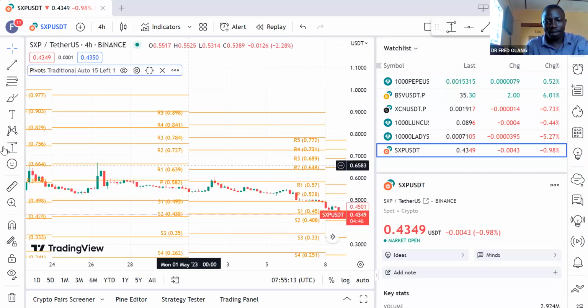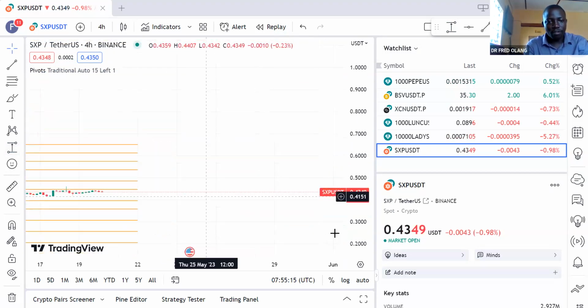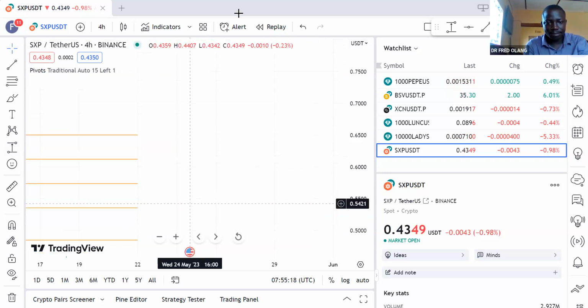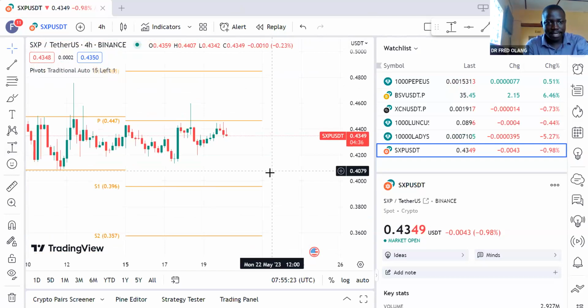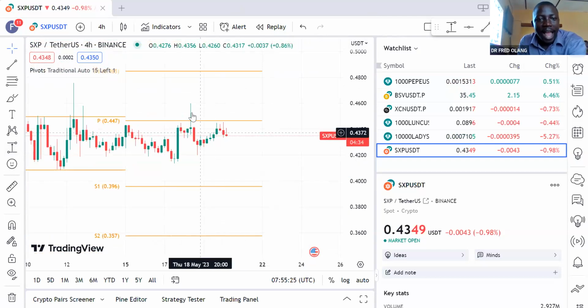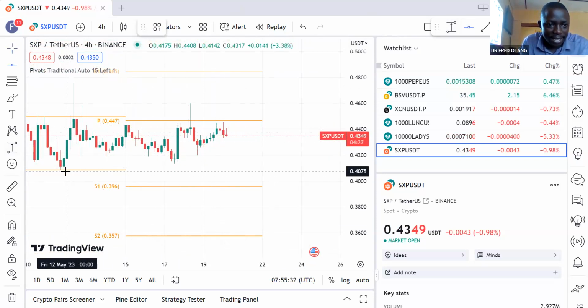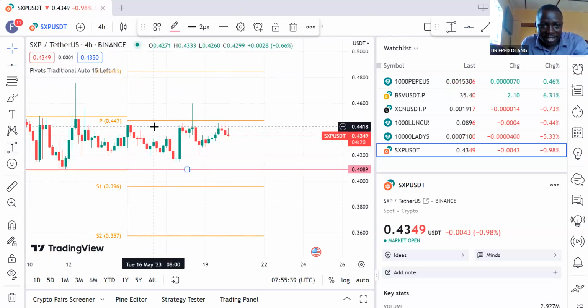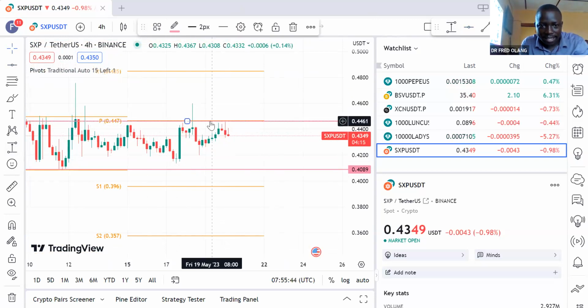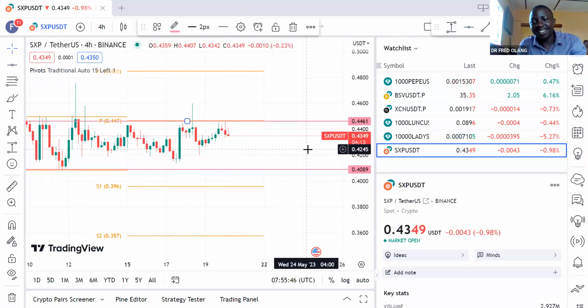If I'm following this right now, from where the market is, I realize that currently this line is working as our support, and this line is working as our resistance.